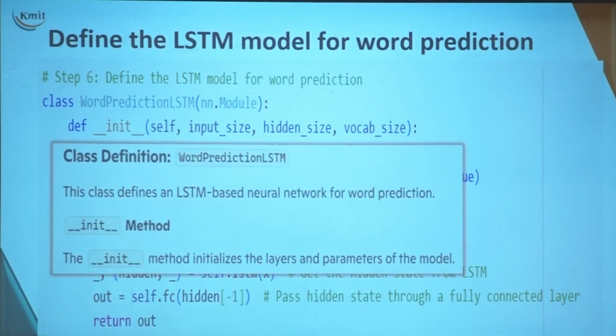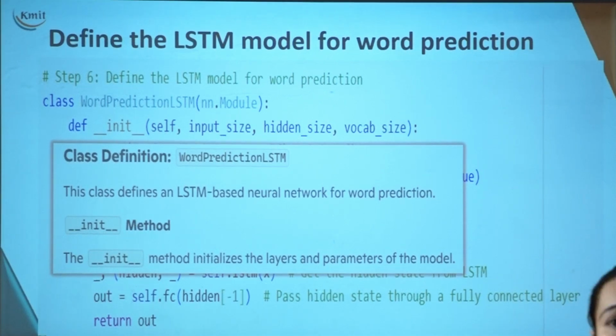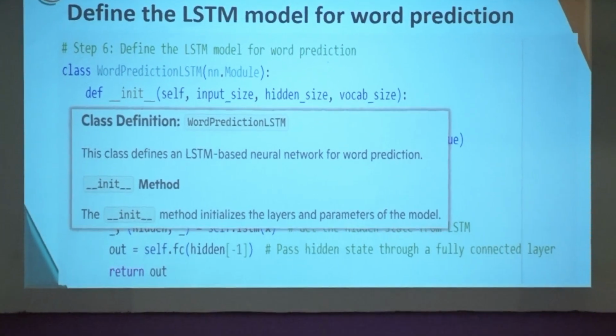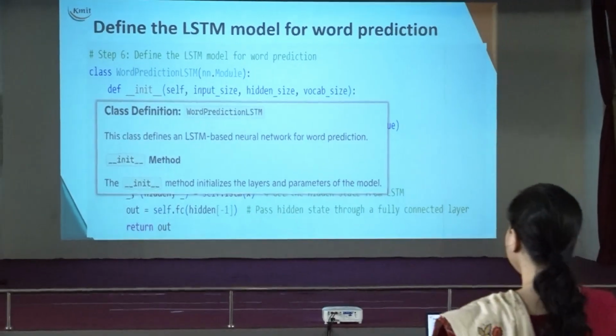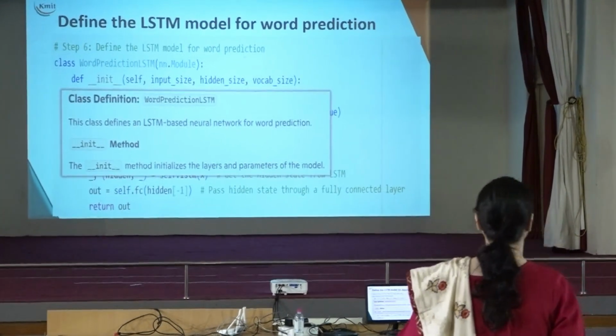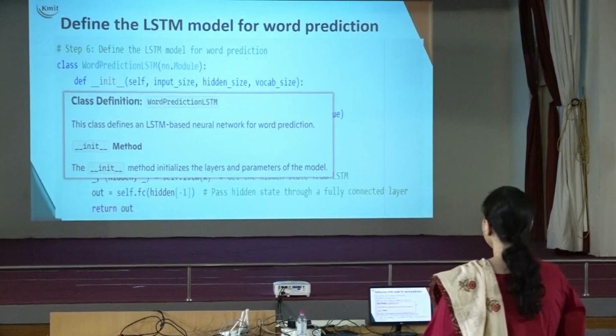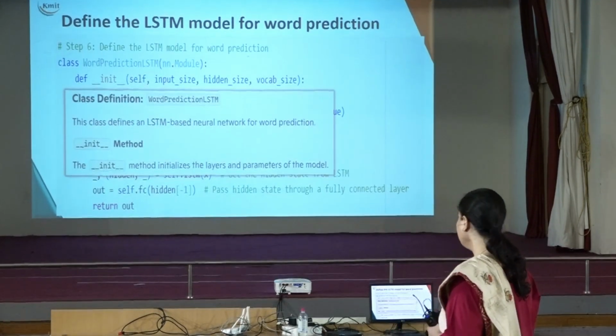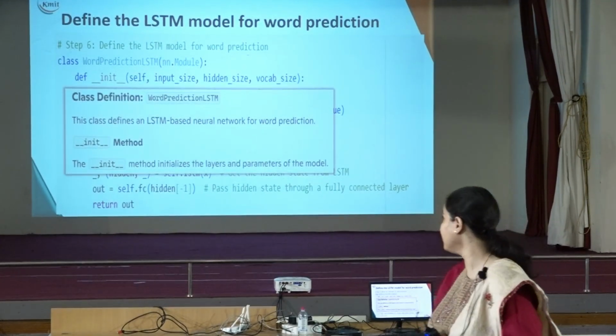So I am here creating or defining my class called word prediction LSTM. My class name is word prediction LSTM, and it will be defining an LSTM based neural network for word prediction and initialize the layer through an init method and the parameters of the model.